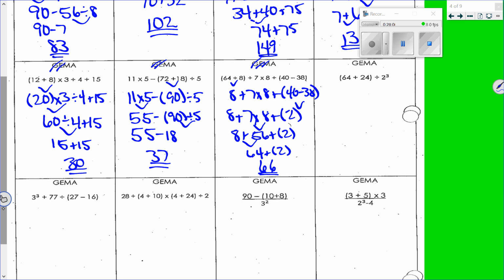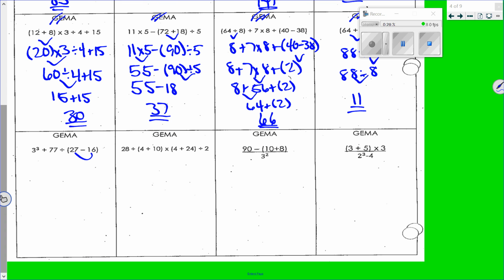Okay, next one. I do have a grouping here at the beginning. 64 and 24 is going to give me 88 divided by 2 cubed. I now have an exponent. 88 divided by 2 to the 3rd power is 8. Now it's a division. 88 divided by 8 is 11. Okay, last line.